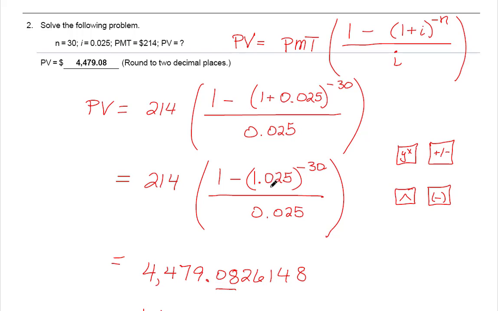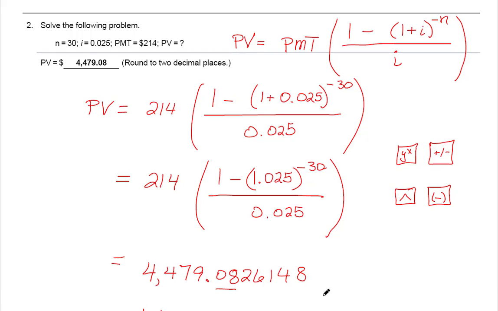So we need 1.025, raise it to the 30th power, and we need the sign changed. All right, so it's going to be a little different whether it's this set of keys or this set. Once you get that, then you're going to need to change the sign of that answer, add it to 1, divide by 0.025, and then multiply by 214.